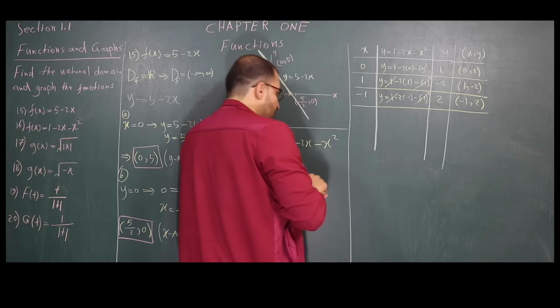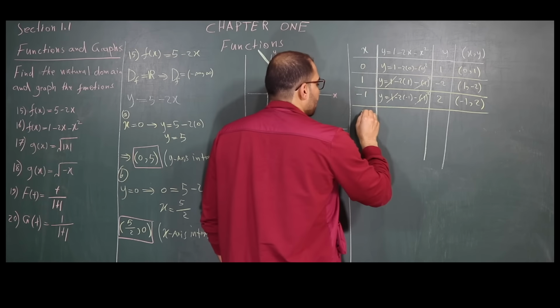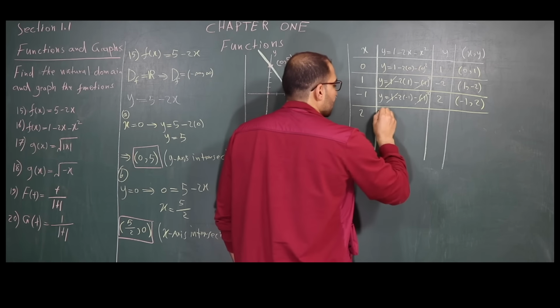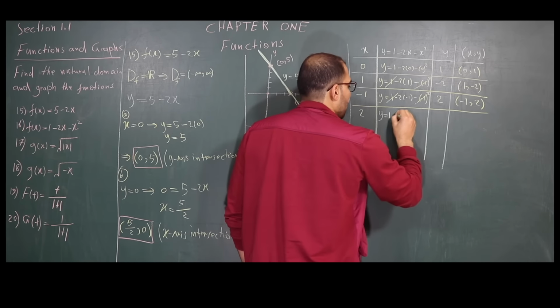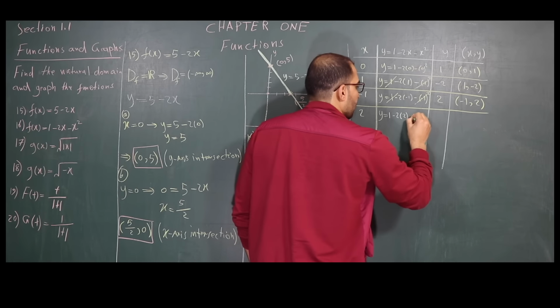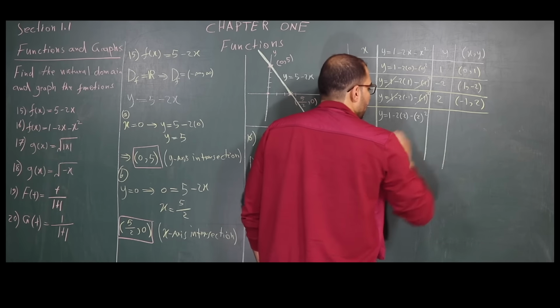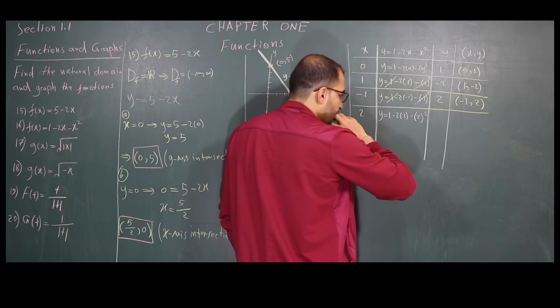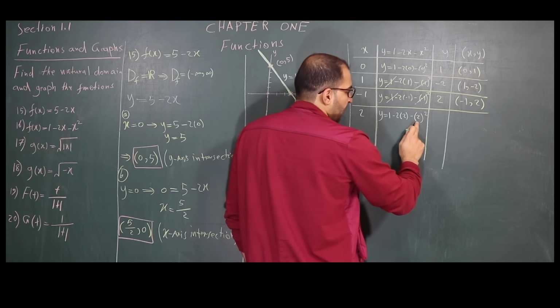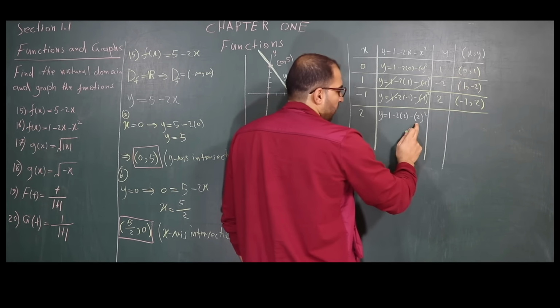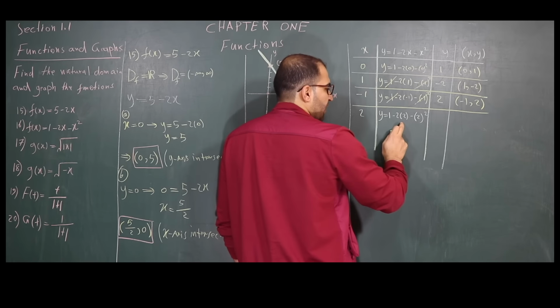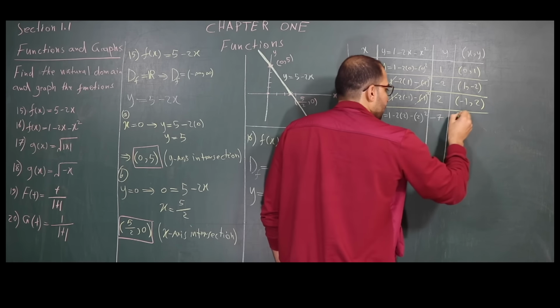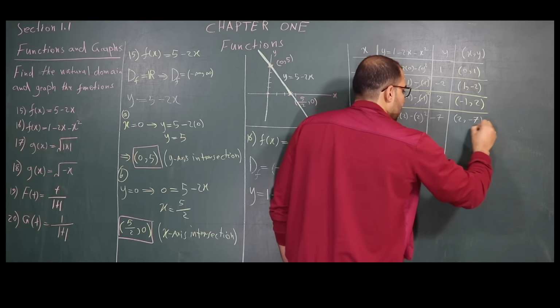It's easy calculations. I'm going to take the plus 2 first. So y equals 1 minus 2 times 2 minus 2 squared. So the result will be, I have here minus 4, minus 4, and 1, minus 7. So the point is 2, negative 7.